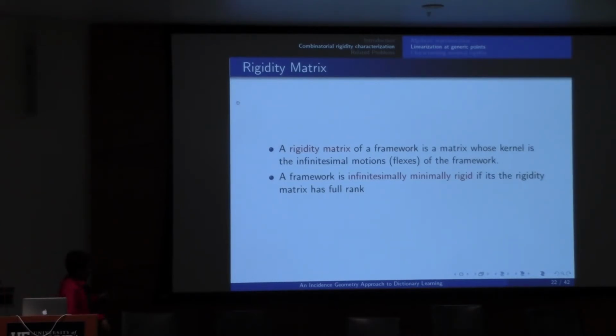And so the rigidity matrix of a framework is a matrix whose kernel is the motions. You can imagine this pinned subspace framework actually moving. If there are local motions, then the solution is locally not unique.